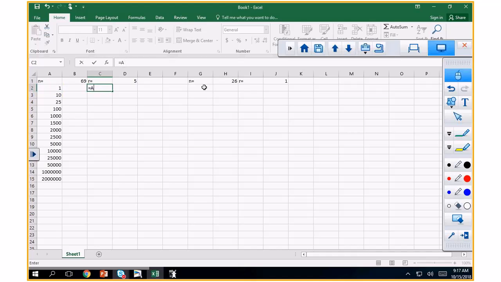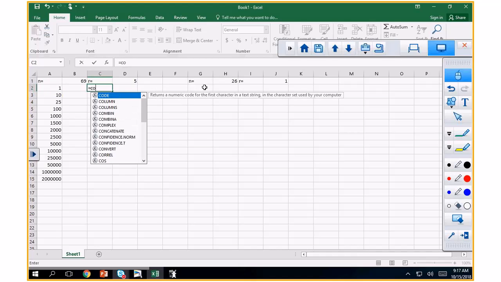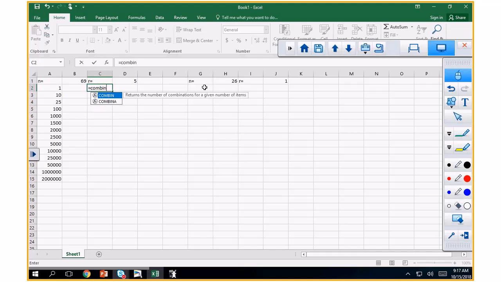I'm going to do COMBIN, parentheses, this guy, comma, this guy, close parentheses, and then equals, same thing, COMBIN, parentheses, this guy, comma, this guy. Of course, that comes out to be 26, and I know that. I have a degree in everything, so I know that.